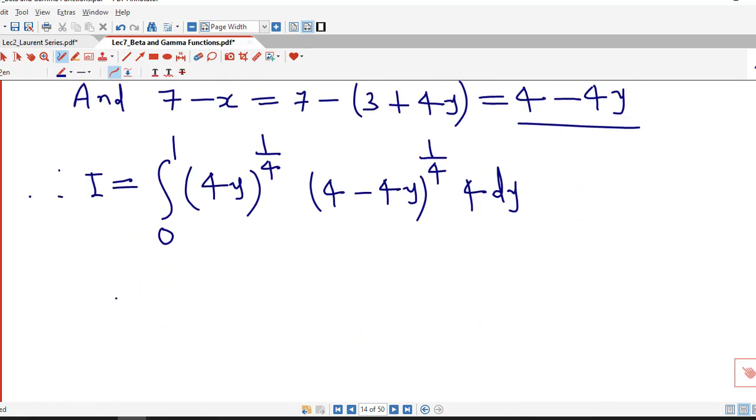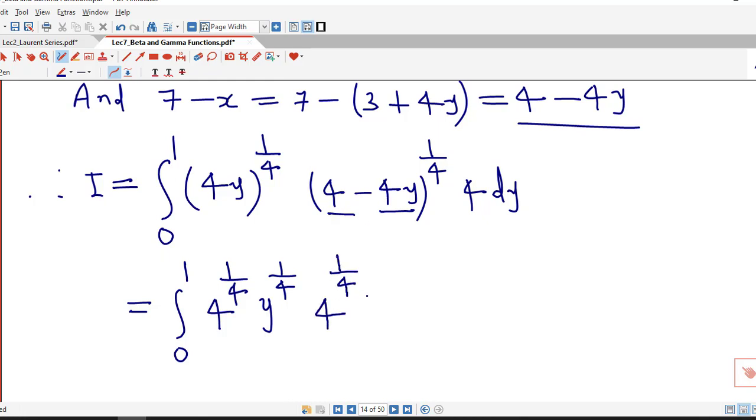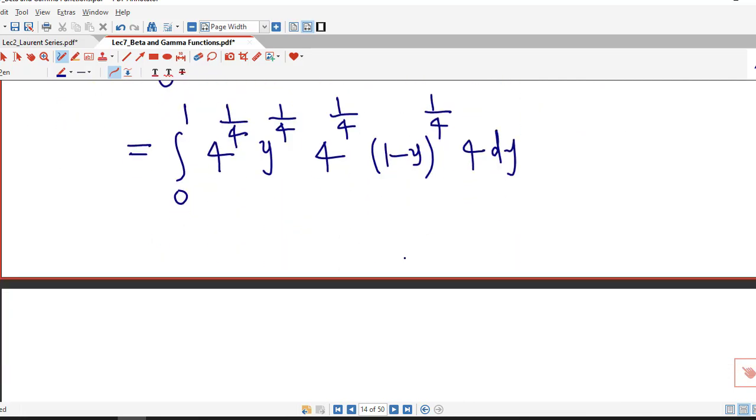Okay, fine. So now we can rewrite this as the integral from 0 to 1. This is 4 raised to 1/4 times y raised to 1/4. Here also we will have 4 times (1 − y), that is 4 raised to 1/4 times (1 − y) raised to 1/4, into 4 dy. Here we have written this as 4 times (1 − y), and the power of 4 is 1/4 as well as the power of 1 − y is 1/4.